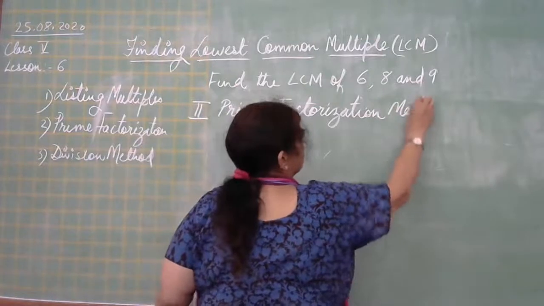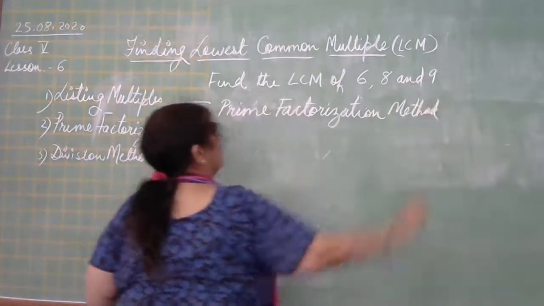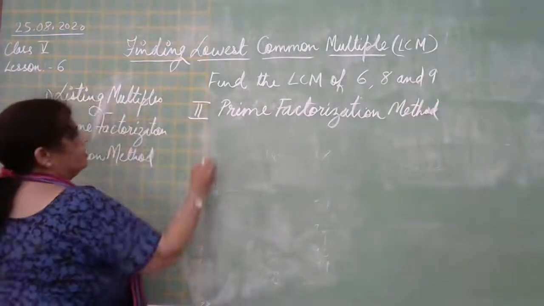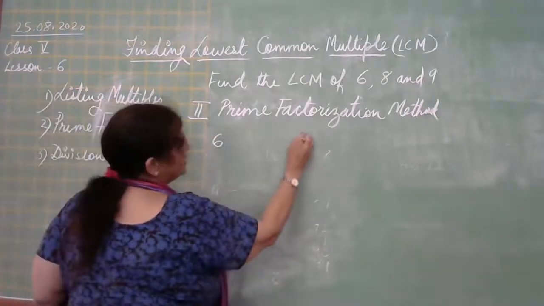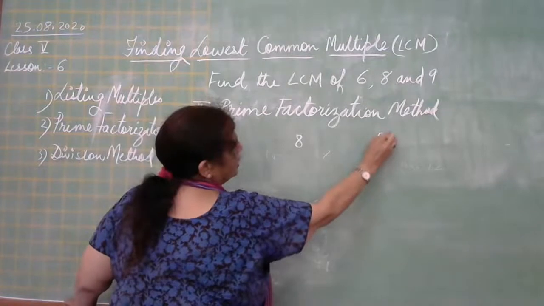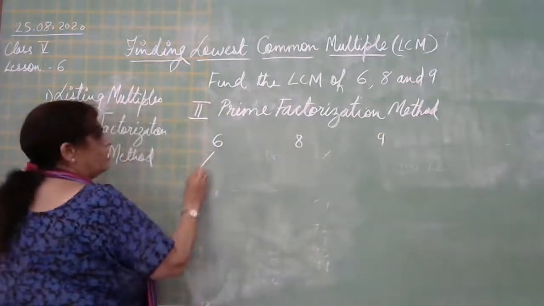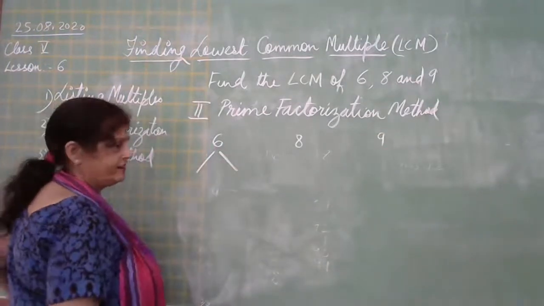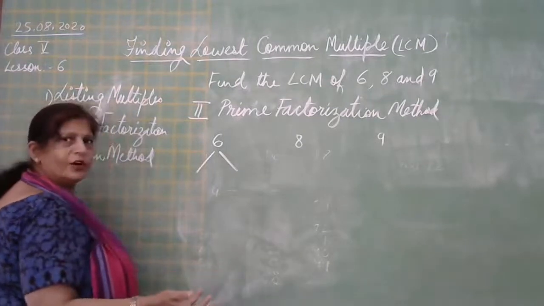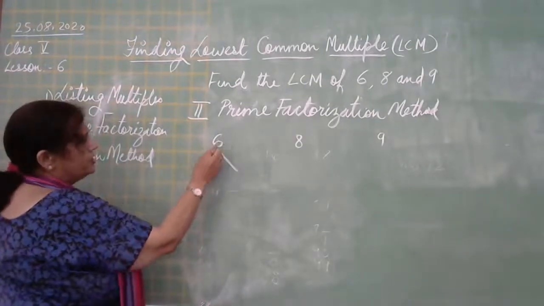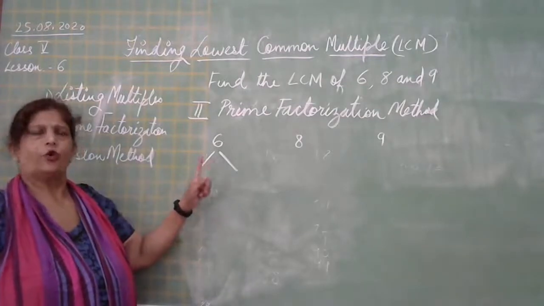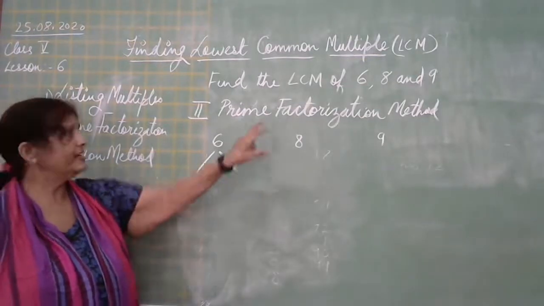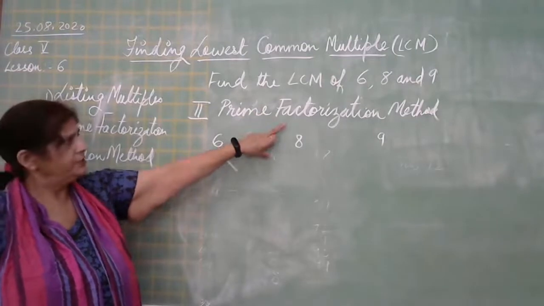So children, we can find the prime factorization of these three numbers in the following way. I am taking factor tree. The other method also I will do. So we are finding the prime factors of each of these numbers, as it says, prime factorization.